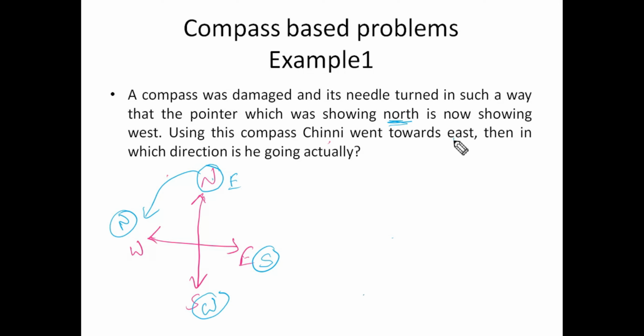So in which direction is the person actually going? Chinni went towards east. In which direction is he moving now? Actually, that is north. Here is the small point: if north becomes west, then east will be what?